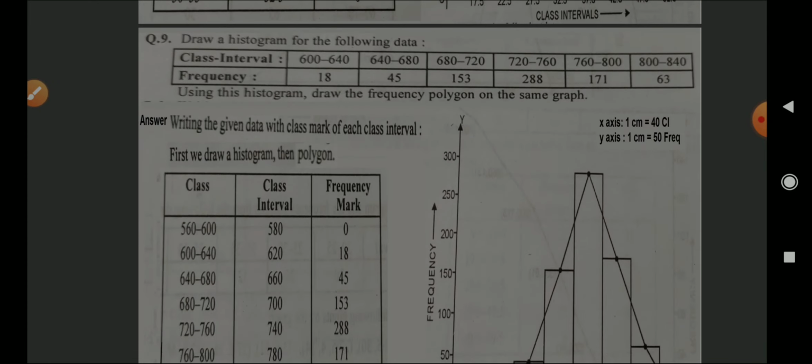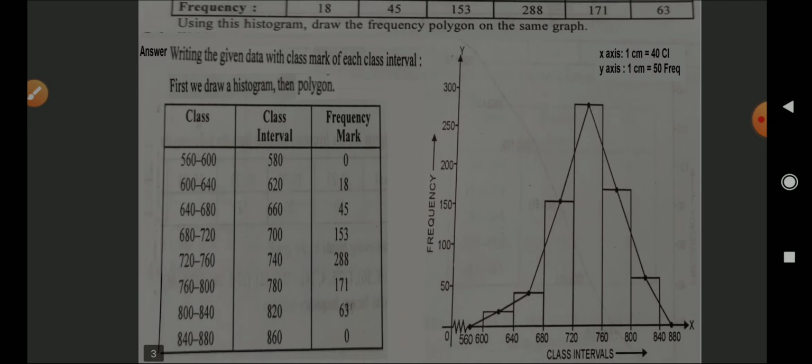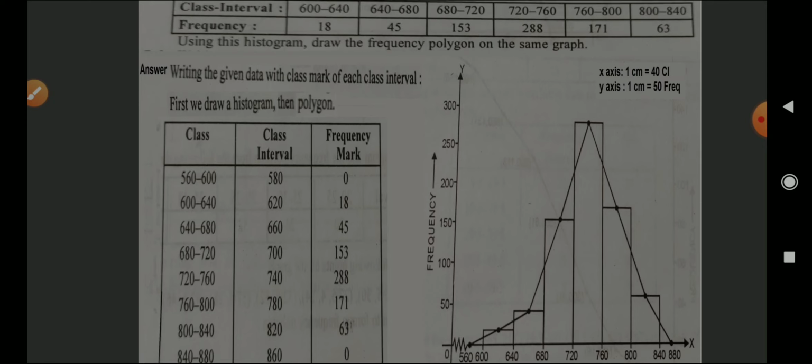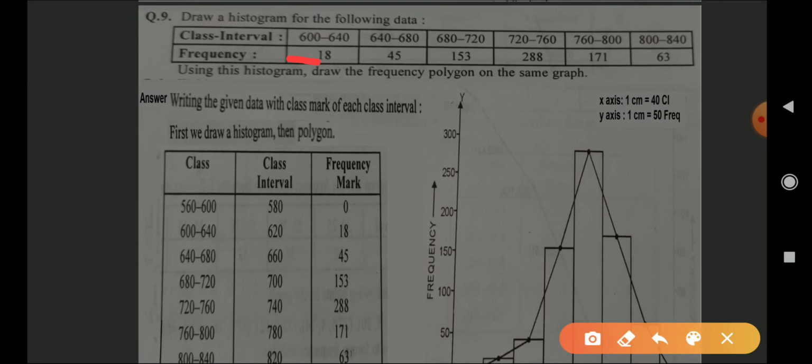You have a histogram and frequency polygon on the same graph, so we have to draw both. First you draw the histogram. In the histogram you require the class intervals, 560 to 600, and you require class marks for the frequency polygon. Here it begins from 600 to 640 and ends with 800 to 840. The difference is 40, so 640 minus 600 is 40.